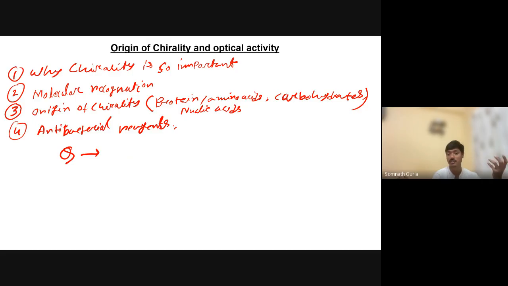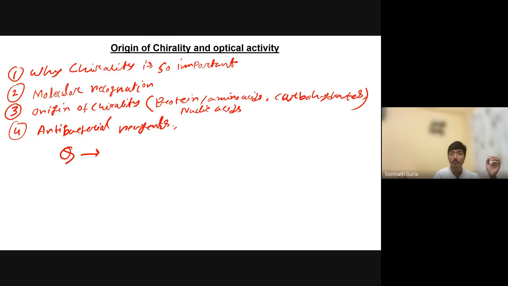Initially there was nothing chiral in nature. First of all, we need a chiral environment to produce one particular chiral molecule. Otherwise, it becomes a racemic mixture and we cannot differentiate. So for that, we need a chiral environment.